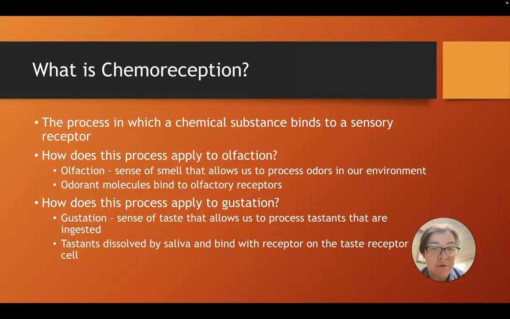In the case of olfaction, the odorant molecules bind to olfactory receptors. In terms of our sense of taste, what are called tastants, which are, again, molecules that are dissolved in saliva, bind with receptors on the taste bud to then be processed eventually by the brain.